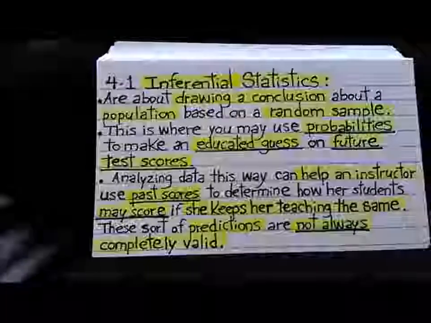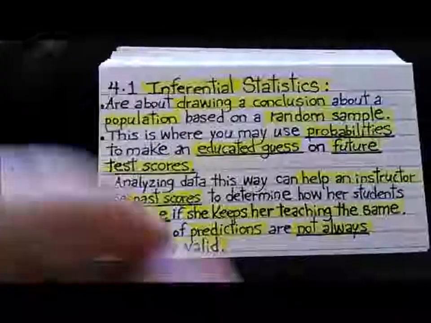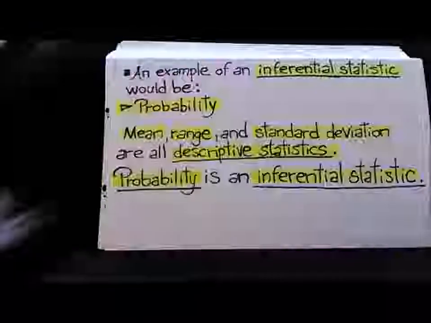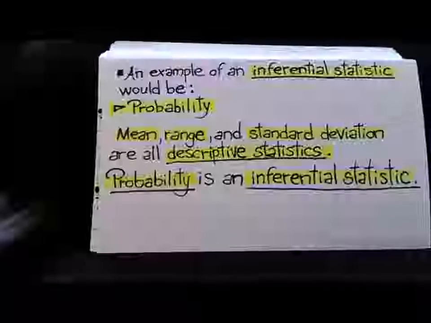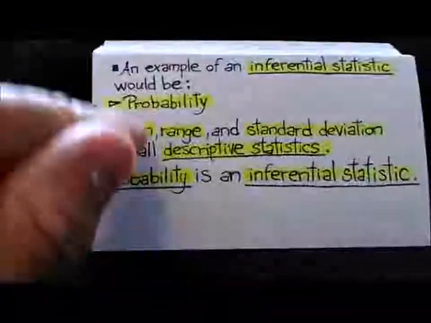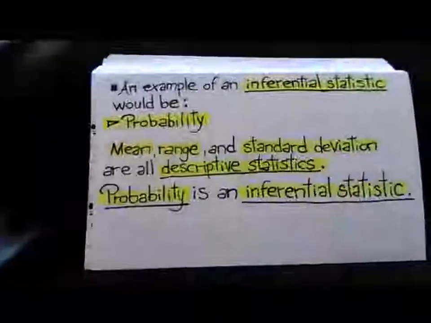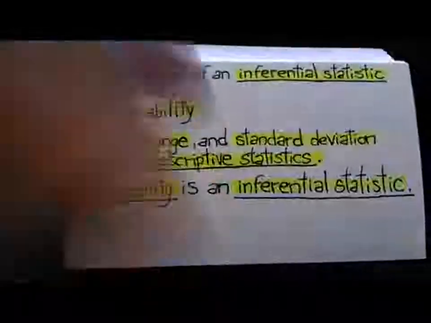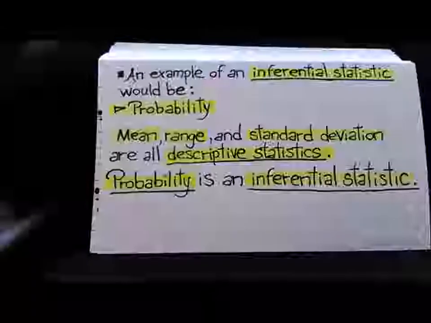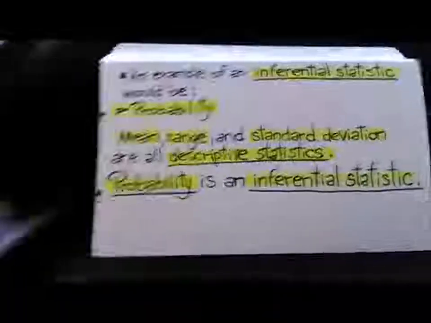These sorts of predictions are not always completely valid. But, students, people change. So an example of an inferential statistic would be probability. Mean, range, and standard deviation are all descriptive statistics. Probability is an inferential statistic.